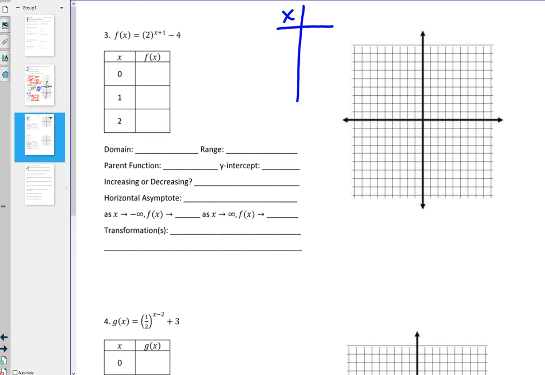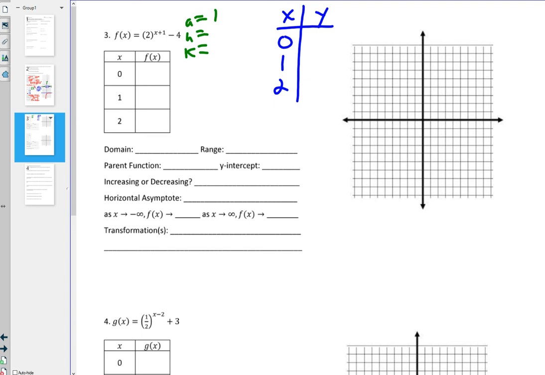Let's hear off on the side. X and Y, 0, 1, 2. I'm asking for 3 points. But we need to also identify A, H, and K. Sam, go ahead. What's A here? She said 1.